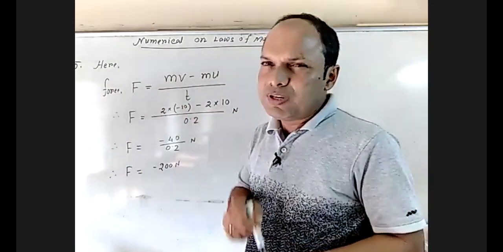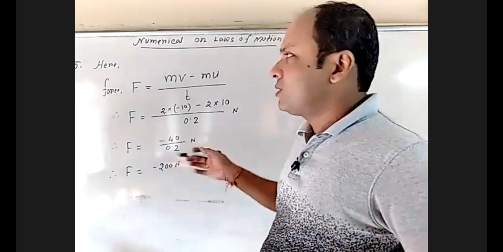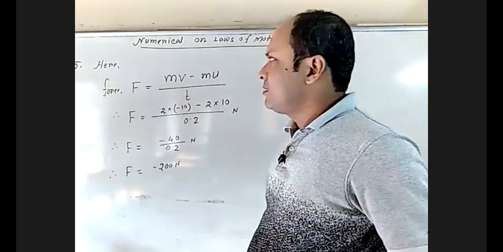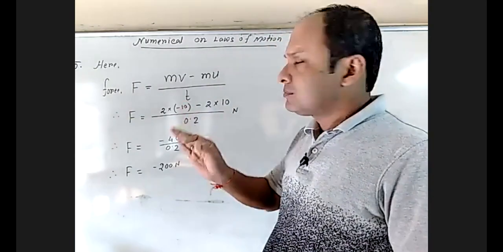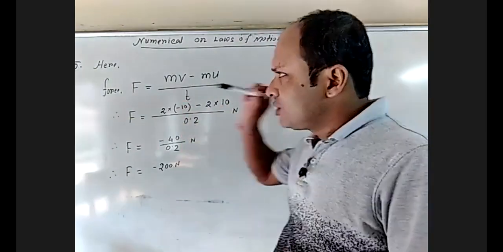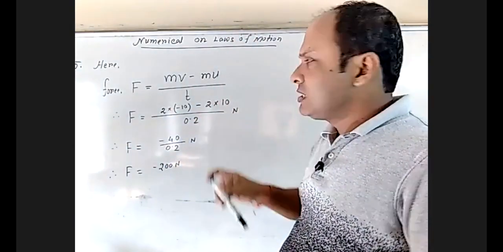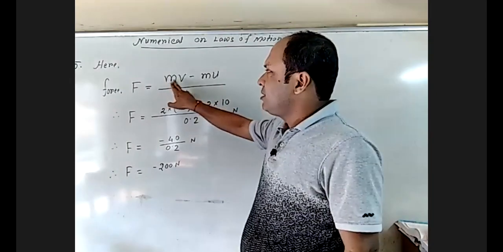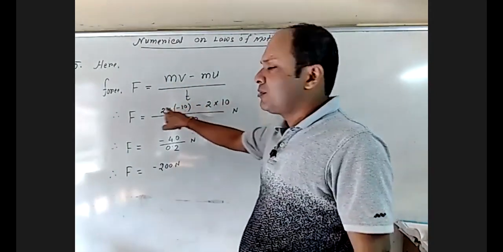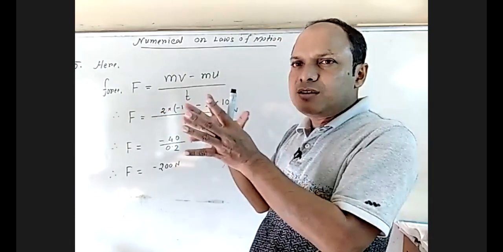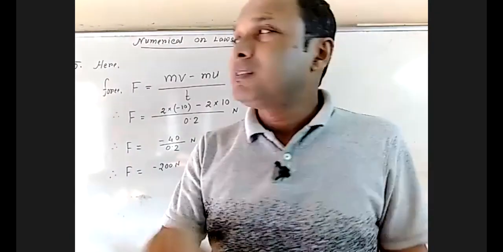But the force will act on the wall. The object will apply 200 Newton force on the wall. Okay. So if you are asked, an object is moving in this way, it reflects back in the opposite direction with the same velocity, then just mv minus mu, the total momentum will be the sum of the initial and final momentum divided by t.